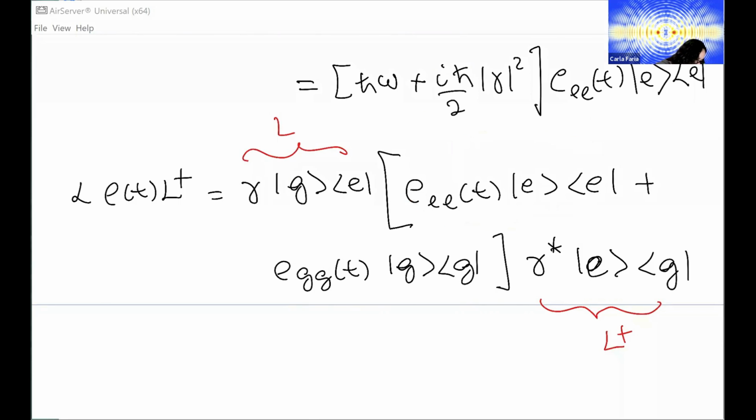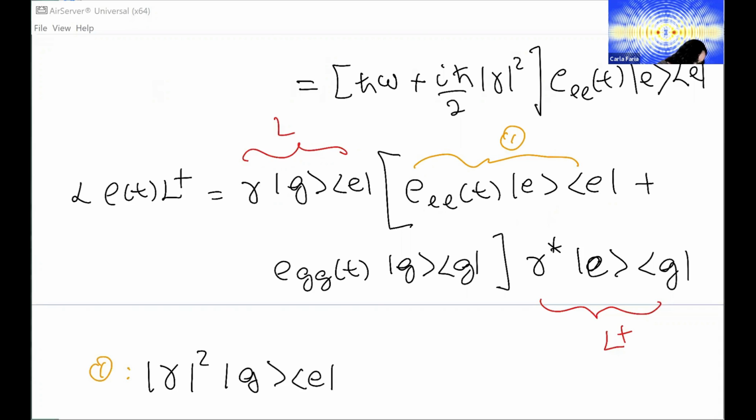So we have, call this 1, modulus gamma square already, G E, E E, E G, and here you have rho E E T.